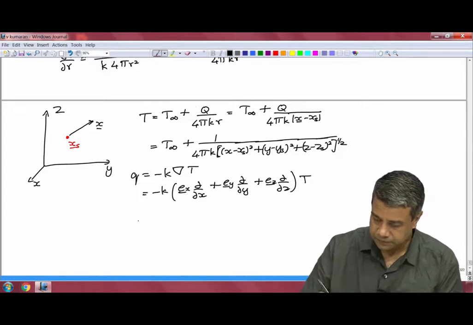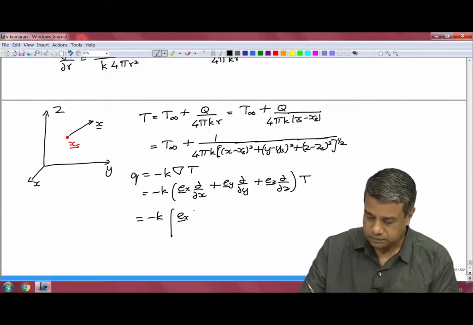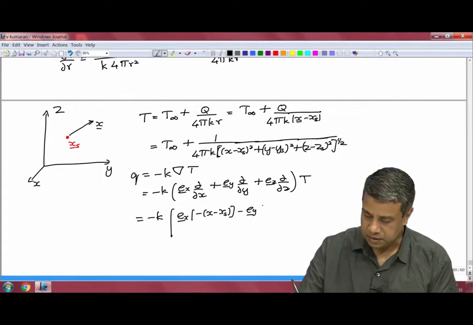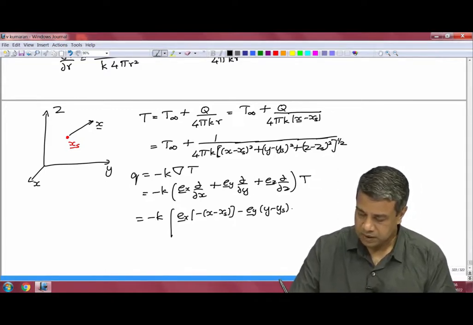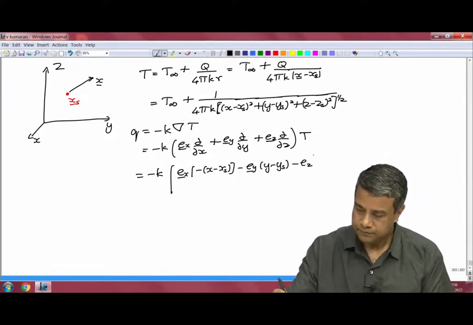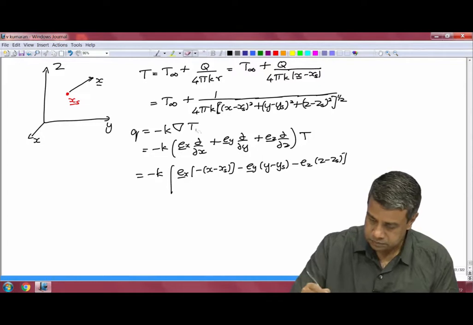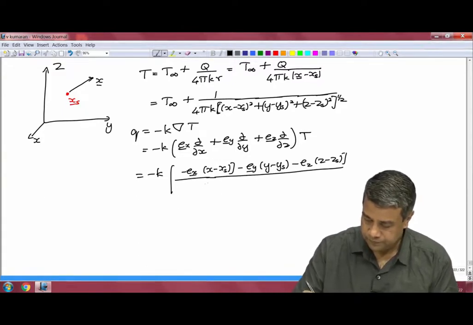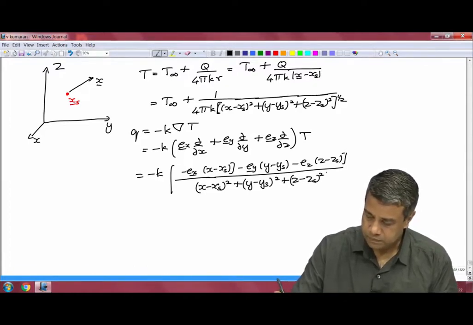So, I will get minus k into Ex into minus of x minus xs, minus Ey into y minus ys, minus Ez into z minus zs, the whole thing to the 3 halves power.